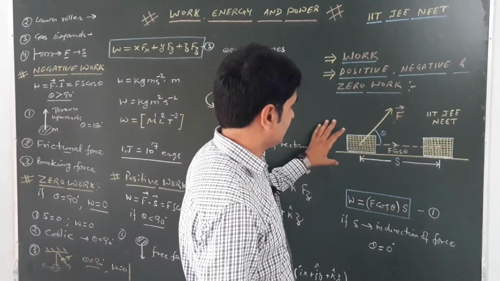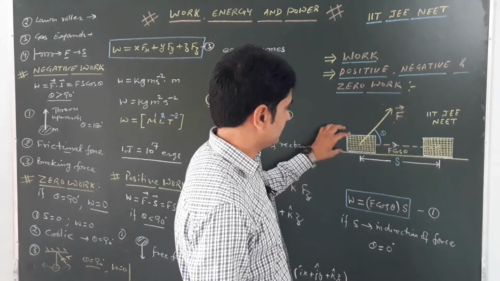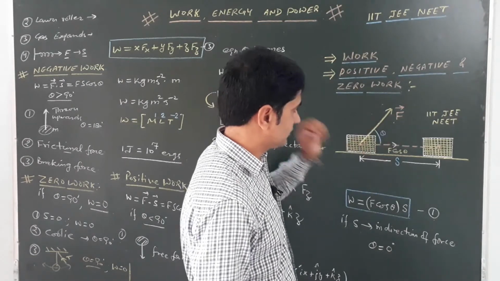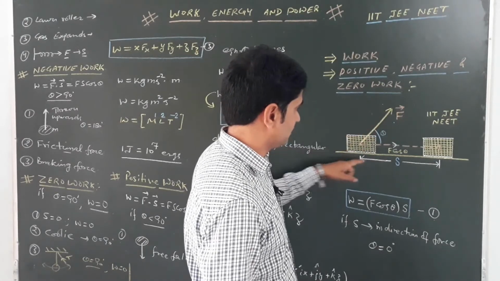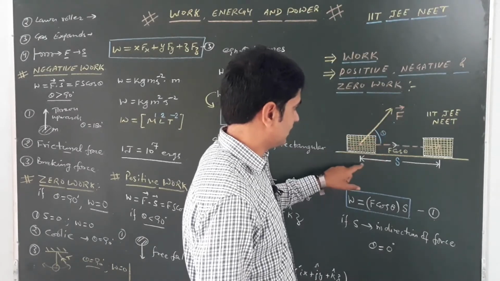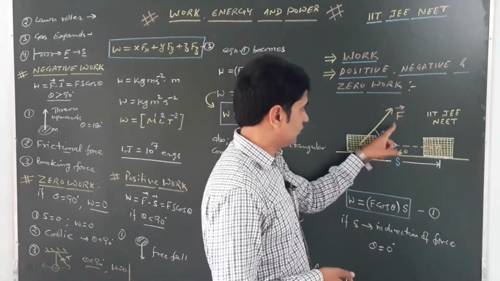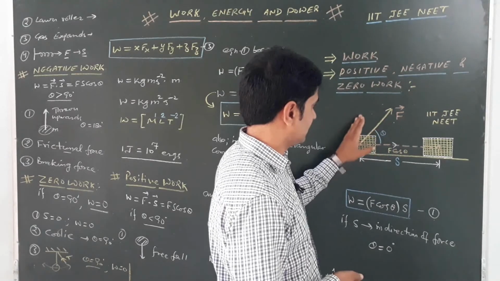So let us consider a block on a horizontal surface, acted upon by an applied force F at some inclination theta to the horizontal, in the direction of displacement. The applied force may be divided into components F sin theta and F cos theta.